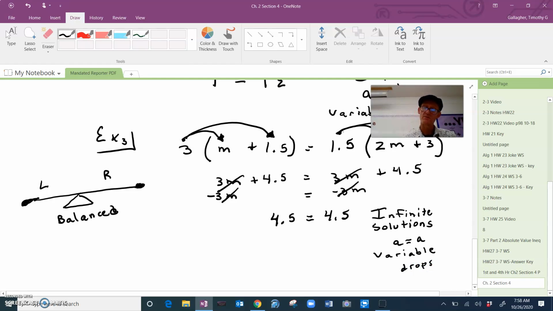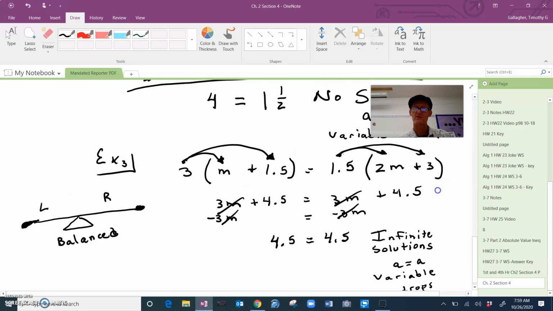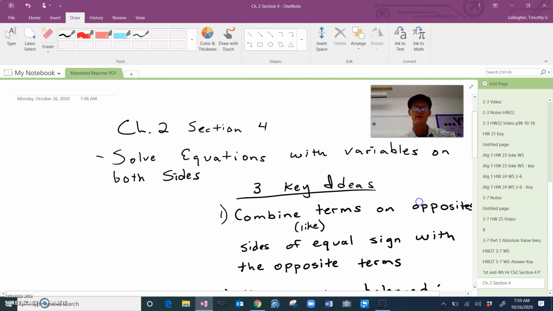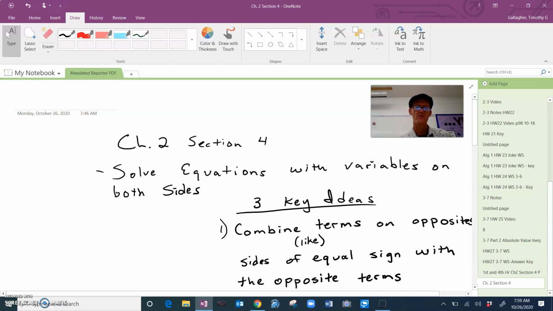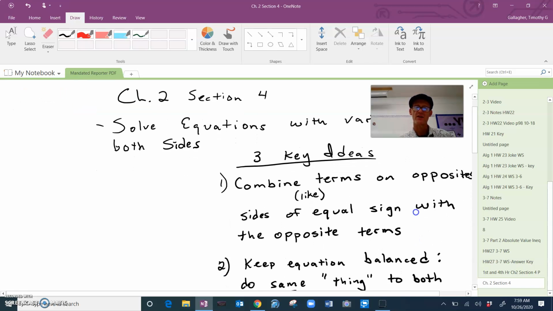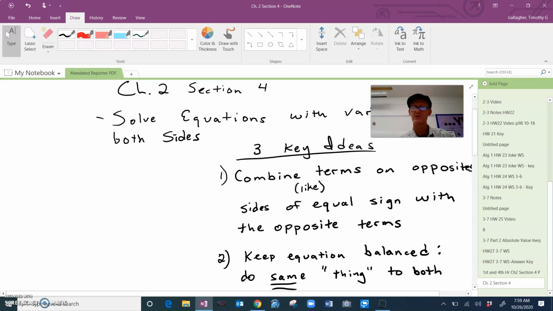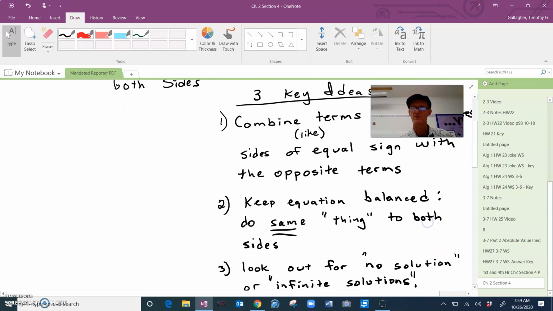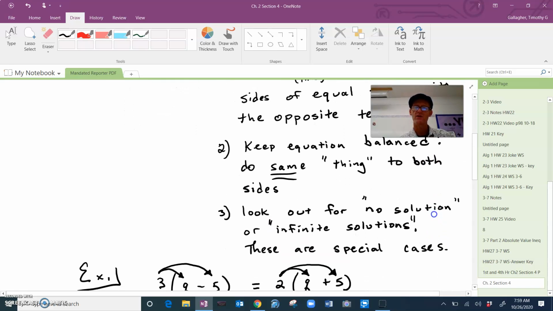So that's that, folks. If you want, you can stop the video and copy it down, and that's the nice thing about videos. You can now take a look at Chapter 2, Section 4, which is solve equations with variables on both sides. The 3 key ideas are that you need to combine terms with their opposites, keep the equation balanced, and look out for no solution or infinite solutions, which are special cases.